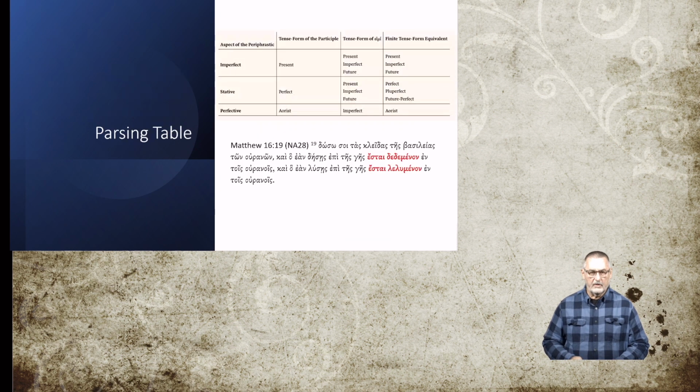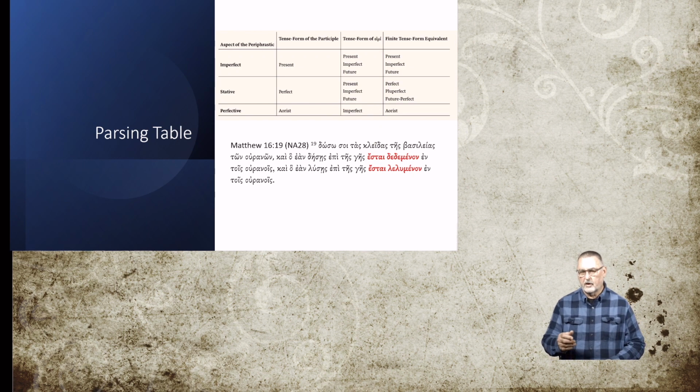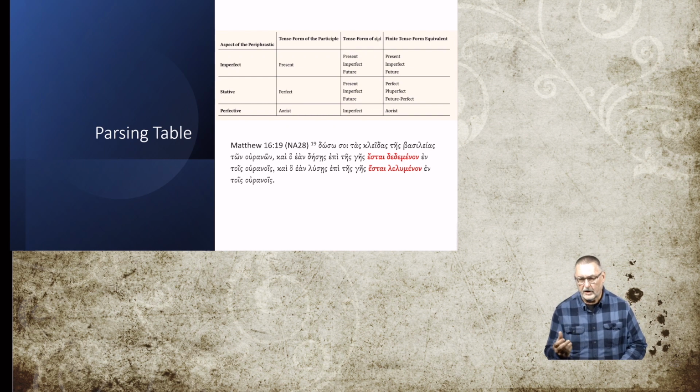And so we've got this chart that shows the combination of the linking verb with the participles and the resultant finite tense form equivalent. And so I put an example here. You can see that there are two future tense forms of eimi and two future middle passive participles.